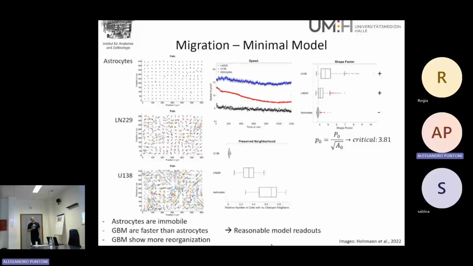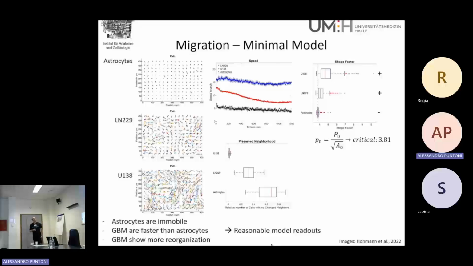So we looked at the paths traveled by the cells. Here are some examples for the astrocytes. You can see they barely moved and are very stationary if you compare this to the movement path of typical tumor cell fields. To quantify this, we introduced a parameter we called preserved neighborhood, which is basically the relative number of cells that did not make contact with any new cell during our measurement time.